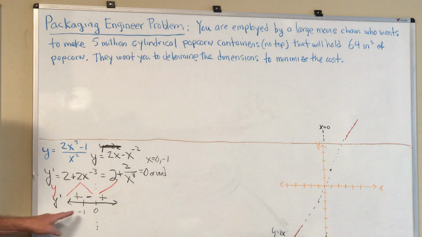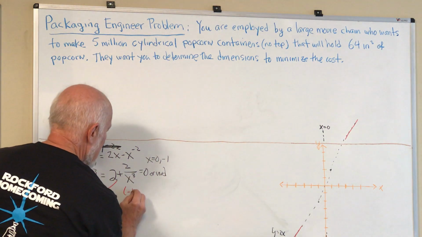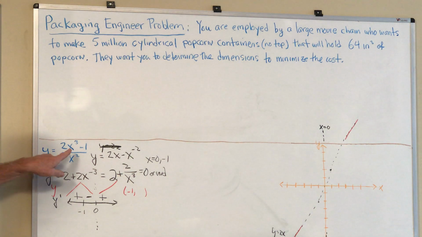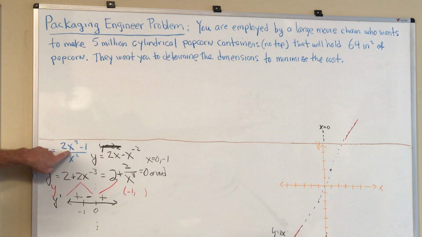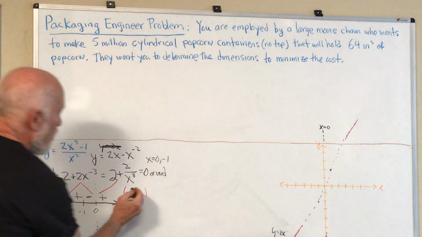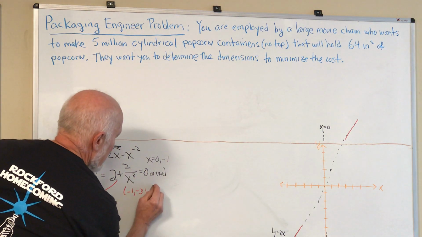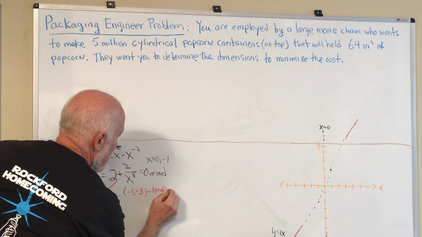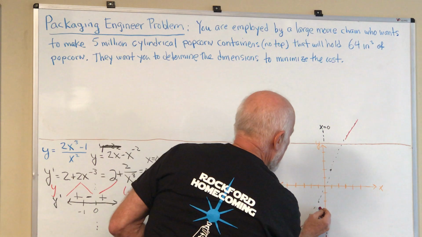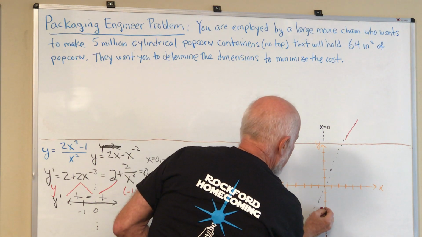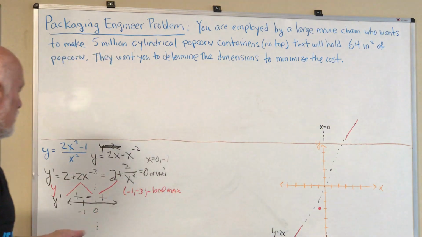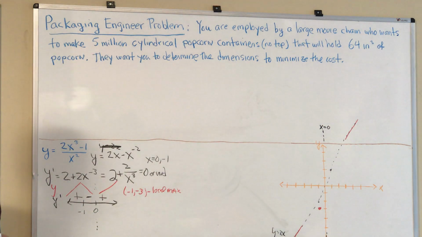So I can see at -1, I have a local maximum. -1 what? I put that in here, and I get -3 over 1, or -3. So that's a local max at (-1, -3). And I have no local minimums.